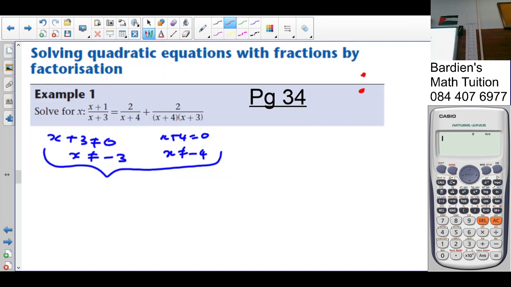Then the fourth one is, then we multiply each side of the equation with the LCM.